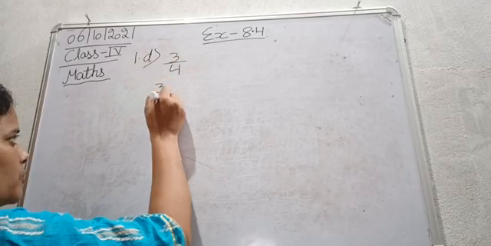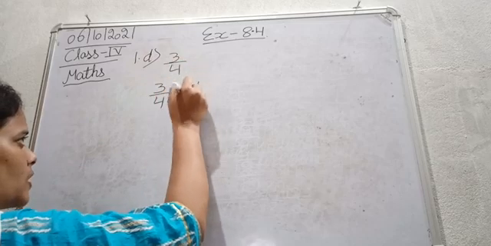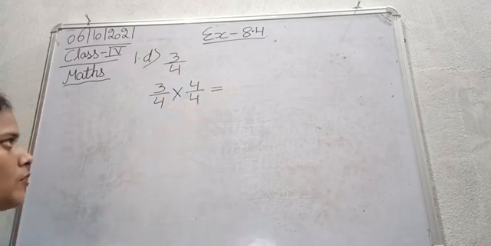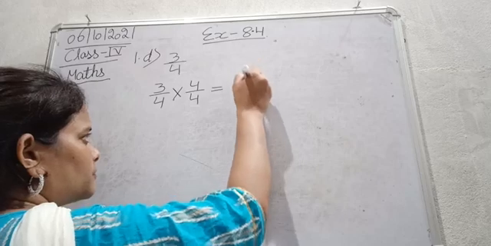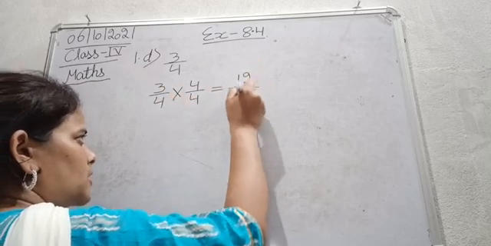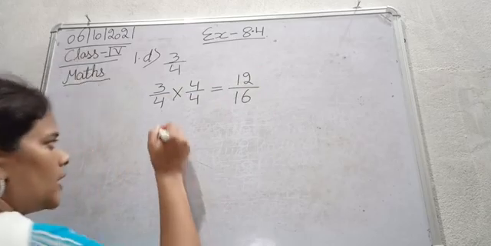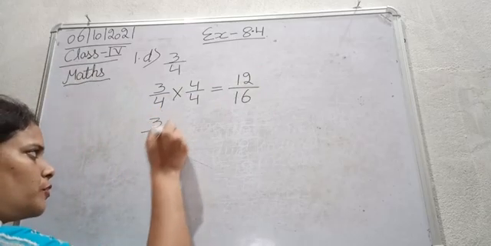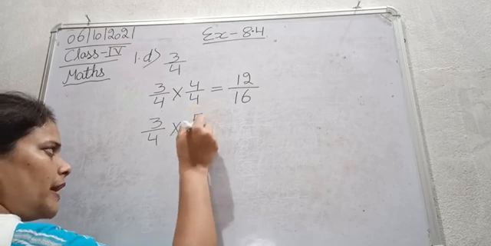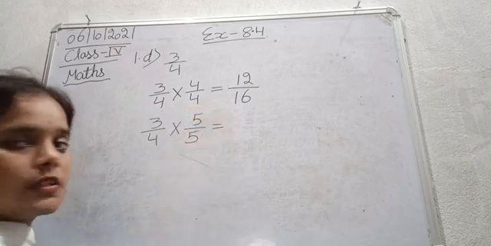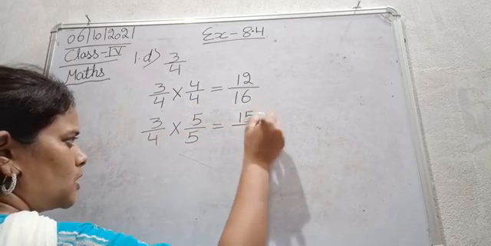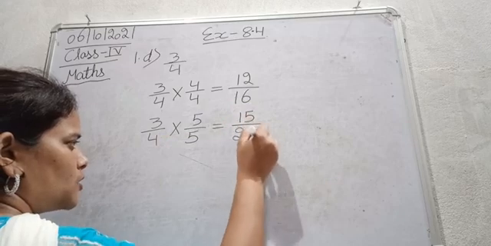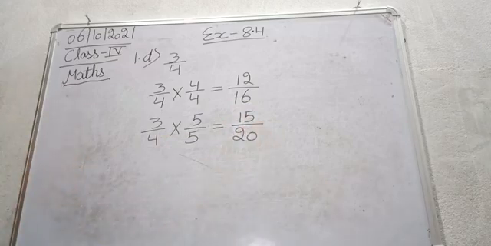So 3 upon 4 into 4 upon 4. 3 fours are 12, 4 fours are 16. Next, 3 upon 4 into 5 upon 5. Okay, multiply. 3 fives are 15, 4 fives are 20. That is 15 upon 20.